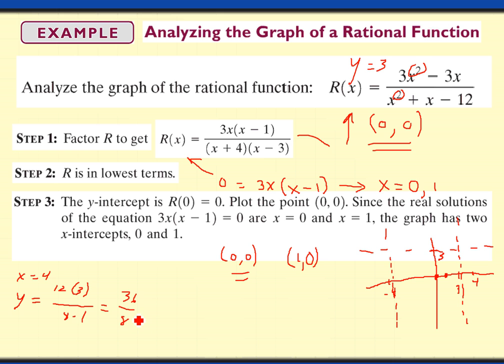Which is, what, 8 goes into 36 4 times? Yeah, 4 times. I believe it's 4.5. Check me out. It's 4 point something. It's 4 and 4/8. Yeah, 4.5. So that's our y value.